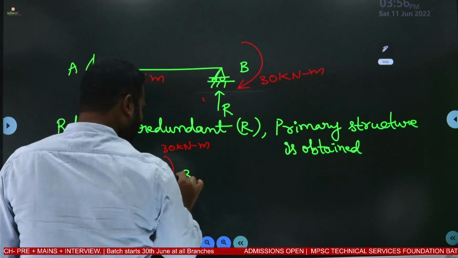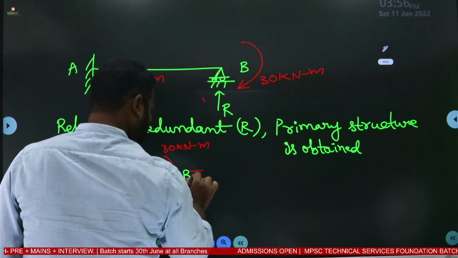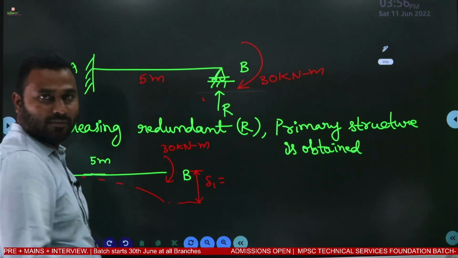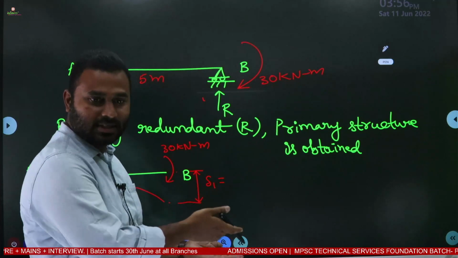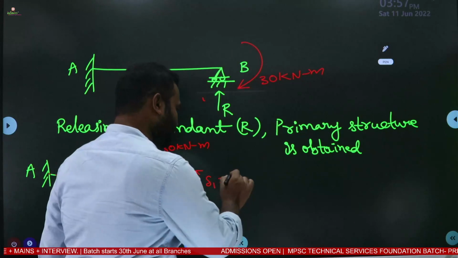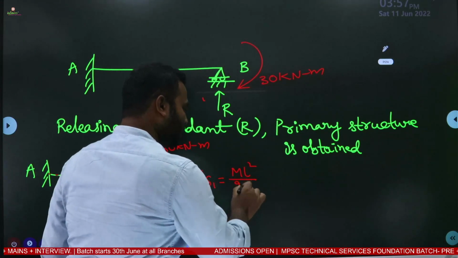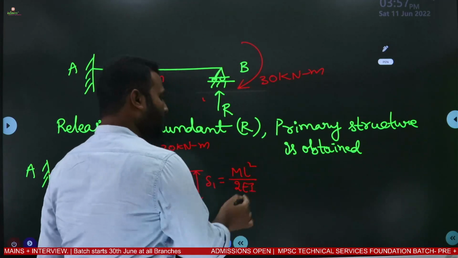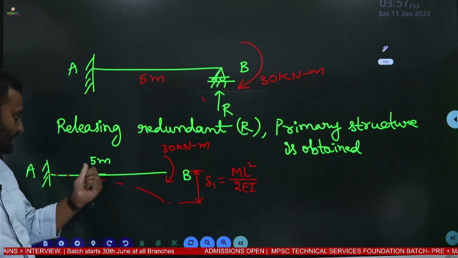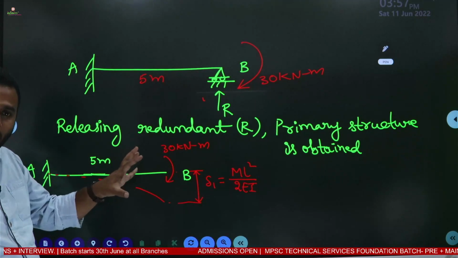Then what is the delta over here? Let it be delta 1. What is the formula for this delta? It is the standard result we have studied in strength of materials: M L square by 2EI. In our question, M is given as 30 kilonewton meter and L is given as 5 meter. This is the released structure we obtain upon removing the redundant.